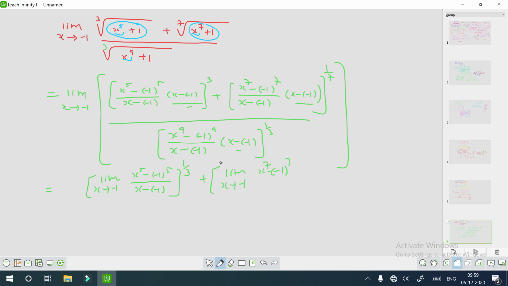So, 12 into 4 into 2 into 2. n into 2 raised to n minus 1. Now, 12 into 2 raised to 4. Now, 6 into 2 into 2 raised to 4. So, 6 into 2 raised to 5. So, that comes out 192.